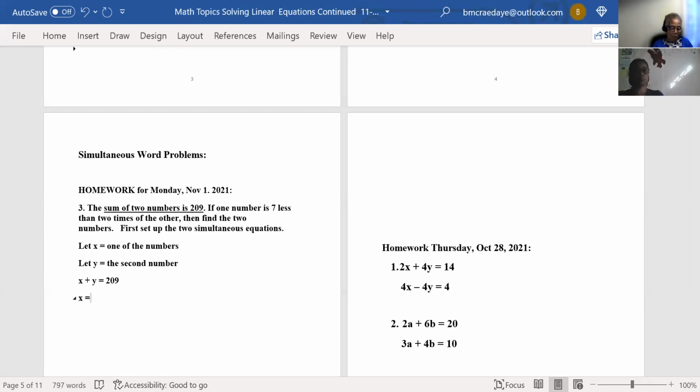What do I write after the equal? 2 what? 2x? No, x is the number I'm looking for. The 2y, right? Yes, so 2 times the other, it can't be x.